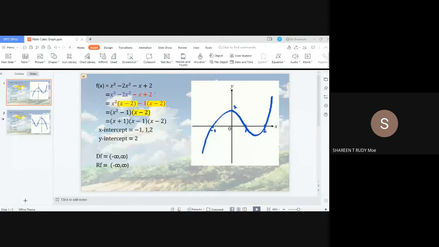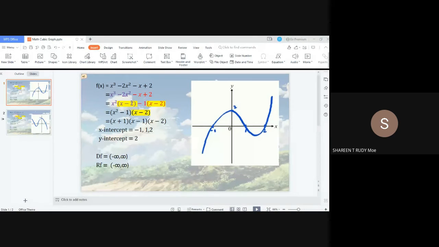For the last two terms, we will find the greatest common factor, which is negative 1. So negative 1, put it here. Negative x divided by negative 1 will get x, and 2 divided by negative 1 will get negative 2. From here, we can notice that we have the common factor x minus 2, right?